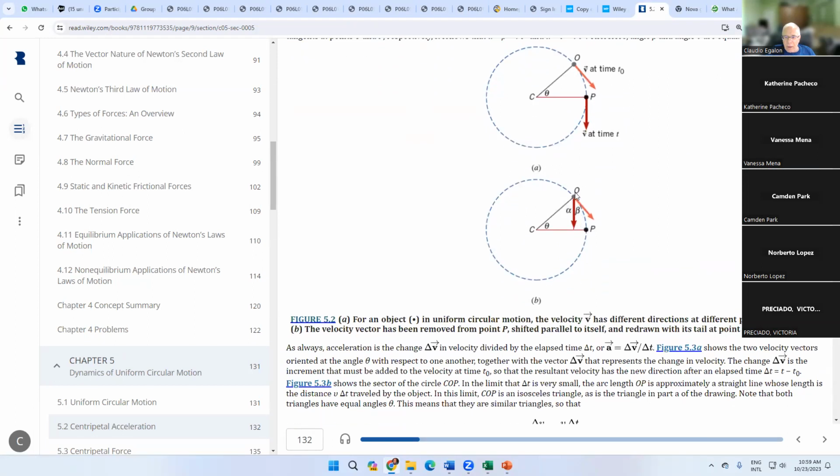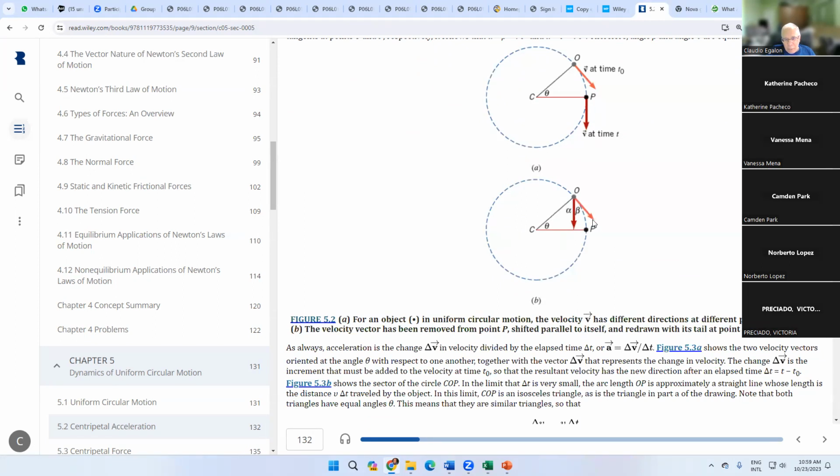It's a very interesting technique that they came up with. And the lengths of those two vector velocities are the same because it's uniform motion. If this one is the initial velocity, this one is going to be the final velocity. Remember that acceleration is delta v over delta t.